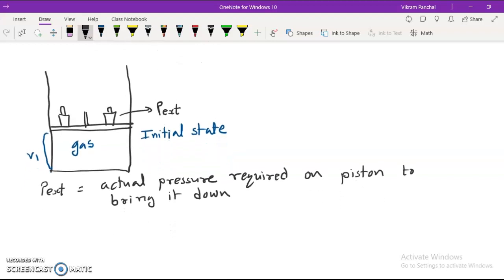Okay, so this is the condition. Now V1 would be the initial volume.